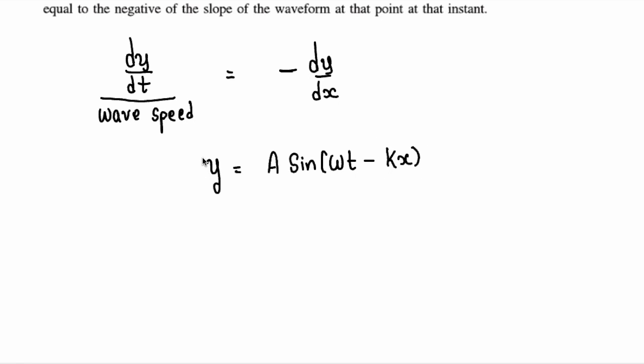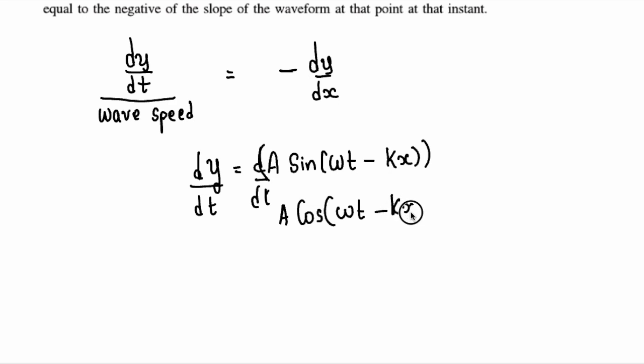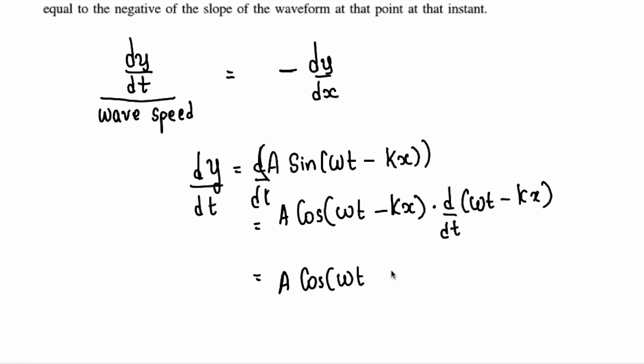Differentiating it with respect to t, we get a cos(omega t minus kx) into d by dt of (omega t minus kx), that gives a cos(omega t minus kx) into omega.